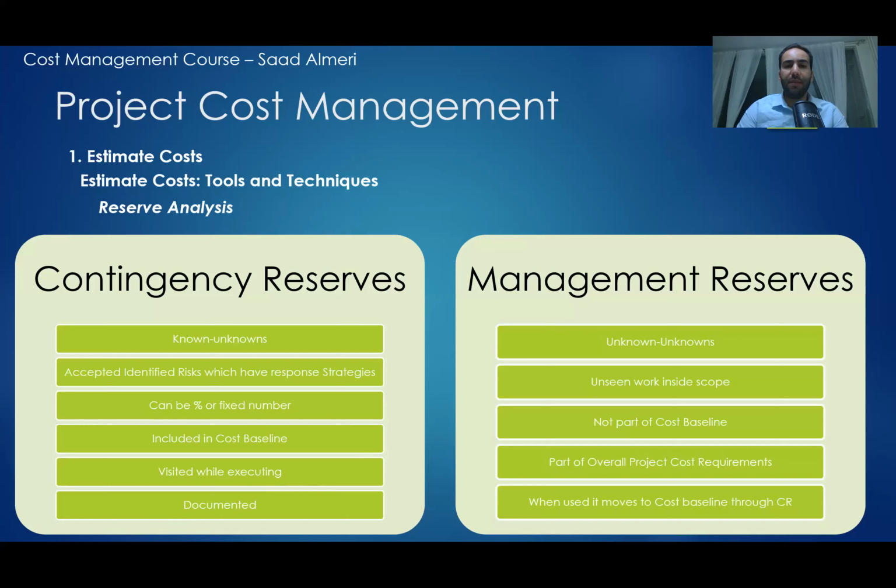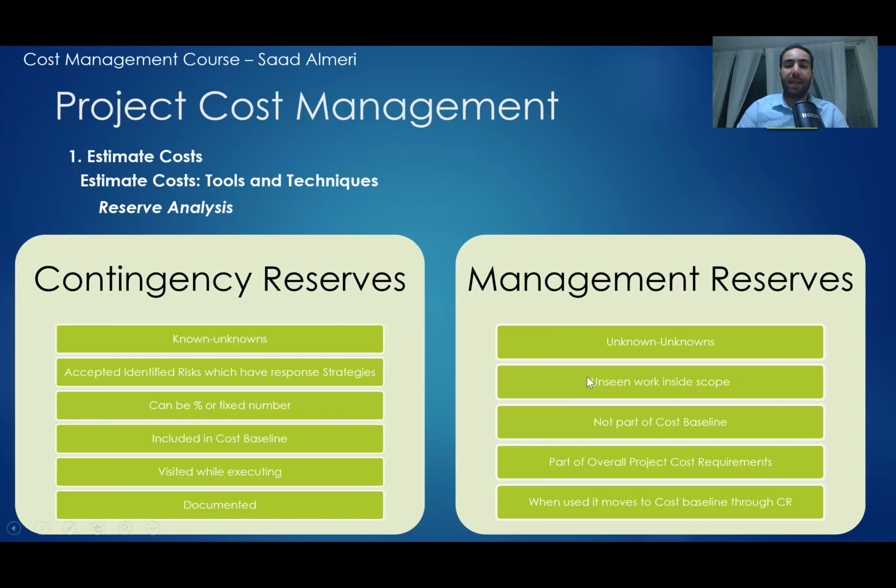The second type of reserve that we have is called the management reserves. The management reserves is used to cover the unknown unknowns. So it is used to cover the unknown risks in the project. Unknown risks are all the things that I didn't expect to see in the project. We have an amount of money that we put aside beside the budget to cover all those risks.